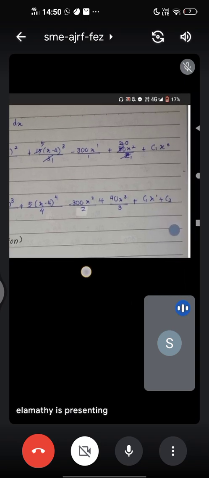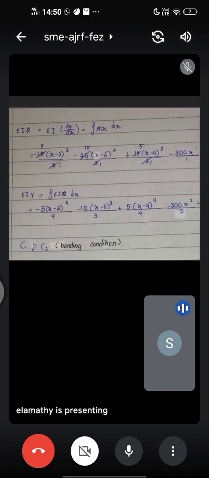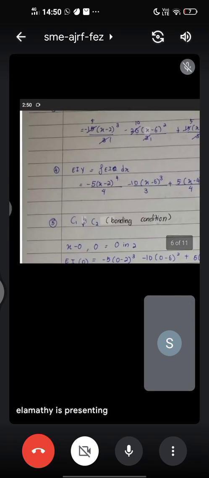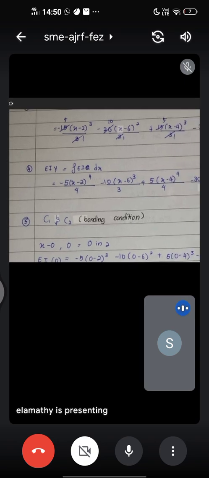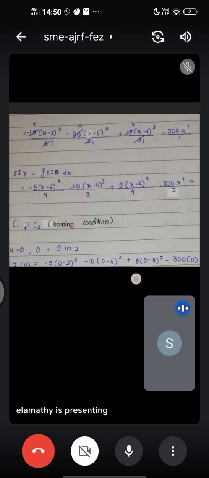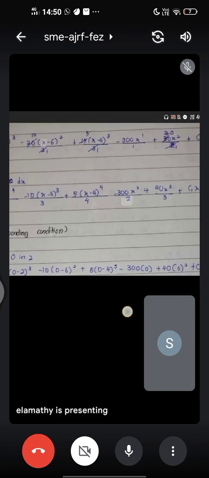And last we have to write C1 x power of 0. The fourth step is we will simplify it. From the first equation we have to cut off, so we will cut everything, and we'll get a simple equation like this.